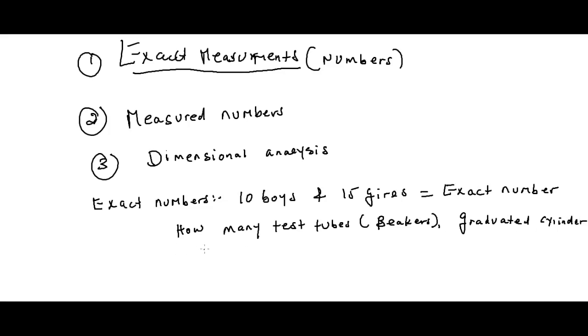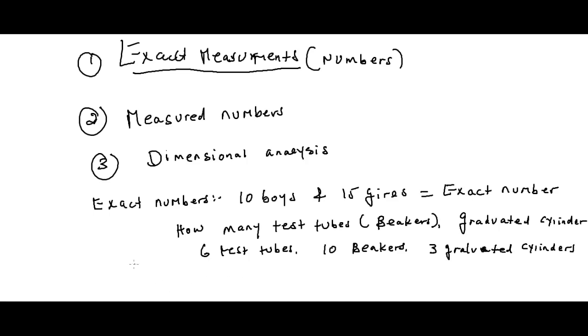So you may say there are about 6 test tubes or 10 beakers of different sizes. You may have maybe 3 graduated cylinders. So this basically is considered to be an exact number. I think exact number is pretty simple and easy to explain.